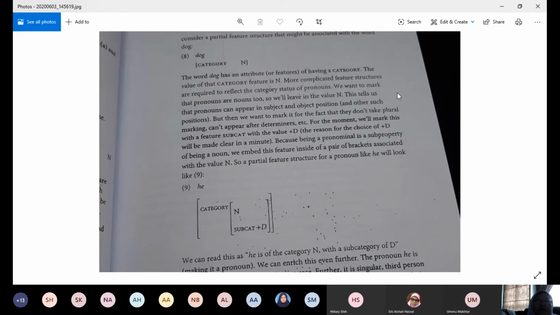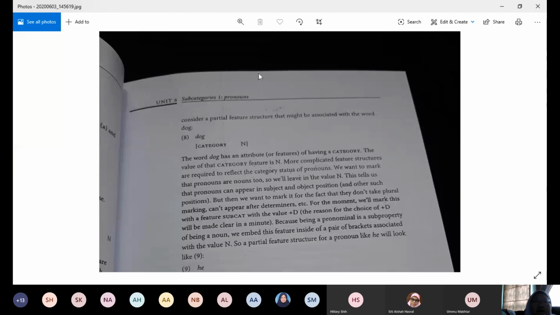I'll start again. We talk about the features of a word. We know that a word like dog is a noun, intuitively.